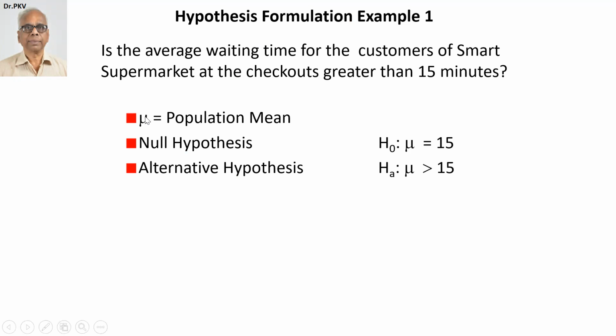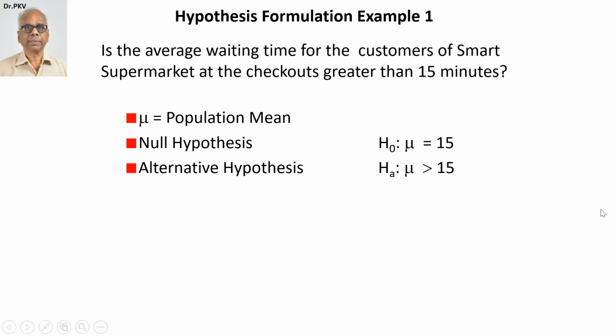Let's say mu equal to population mean. The null hypothesis is denoted by H naught. Mu is equal to 15. It is status quo. The alternative hypothesis, HA, is mu greater than 15.